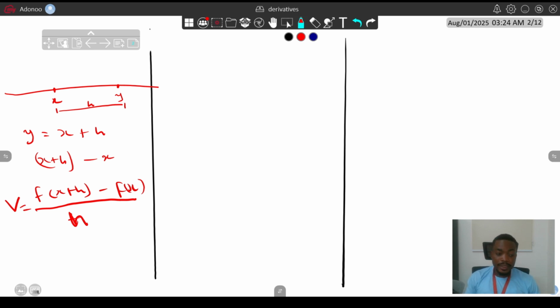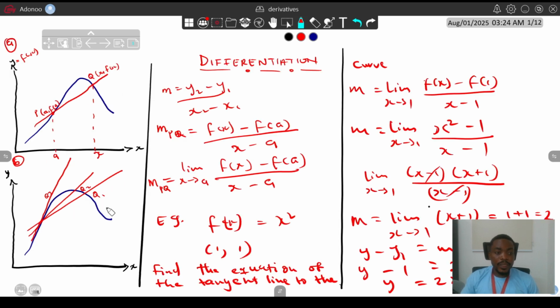Now, we can clearly see that this formula is a replica of what we did earlier. Consider this as the point x in the previous example.